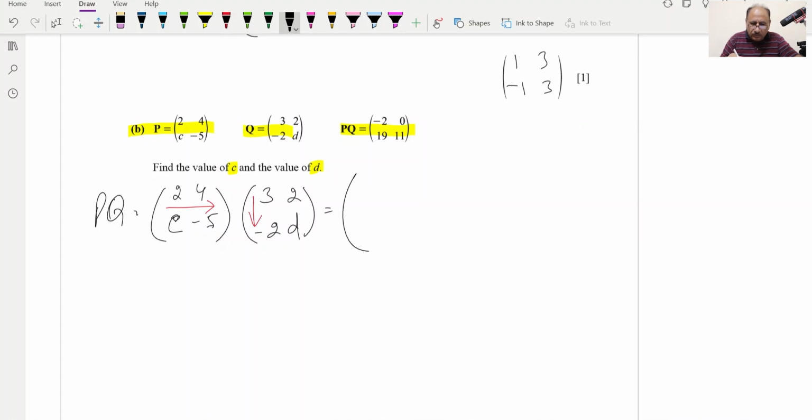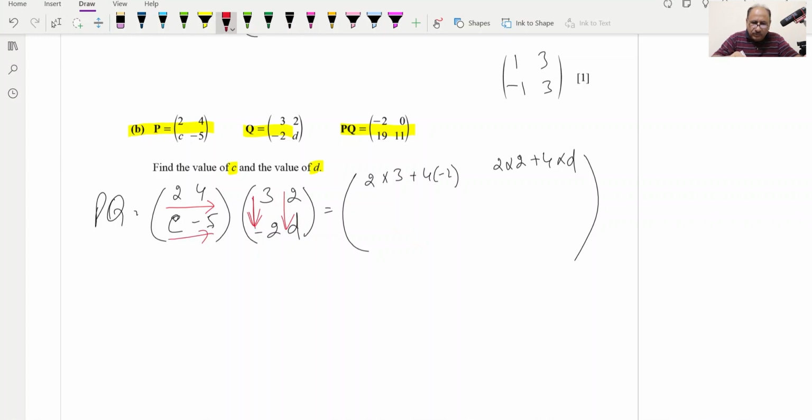When we multiply, we are multiplying first row, first column, and our term will be 2 into 3 plus 4 into minus 2, and the second term will be first row and second column. So 2 into 2 plus 4 into D, and the third term we can write second row and first column.